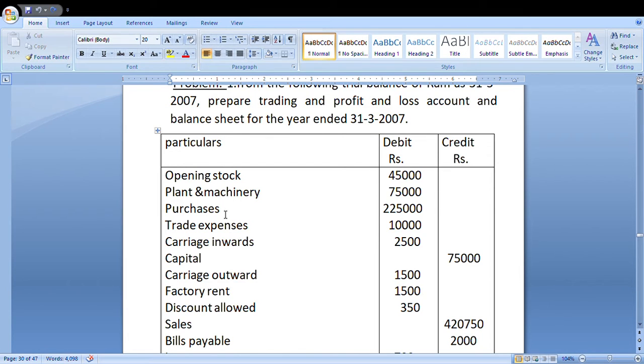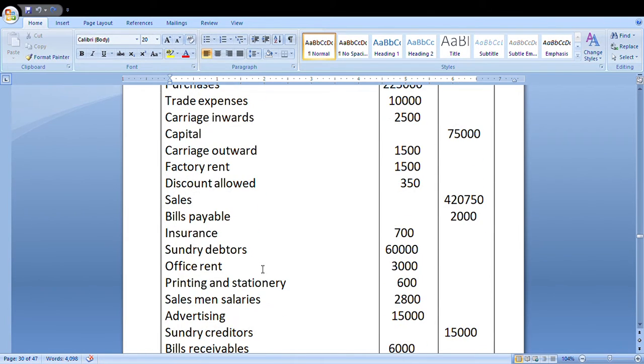Purchases. This is already entered. This does not enter the profit and loss account. Next, trading expenses. This is expenditure. This does not enter the trading account. This enters the profit and loss account.